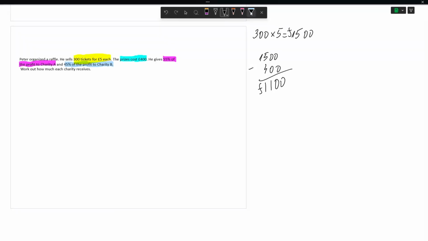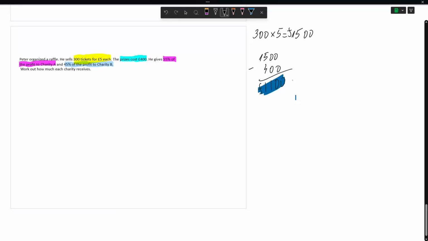So 1,100 is our profit. So that means we need to work from this money. So now from 1,100 we need to find charity A and charity B. So charity A, we have 55% for charity A. So I have 1,100.